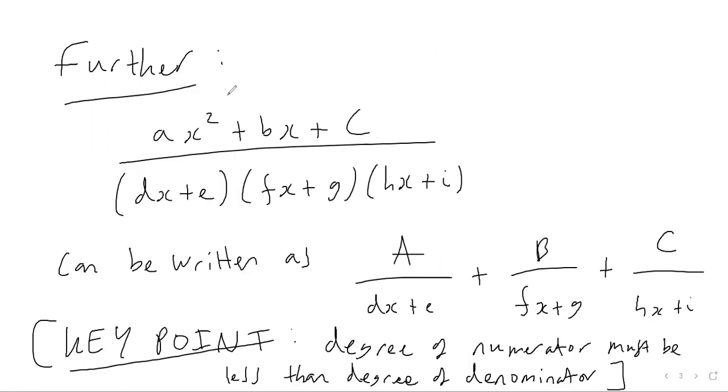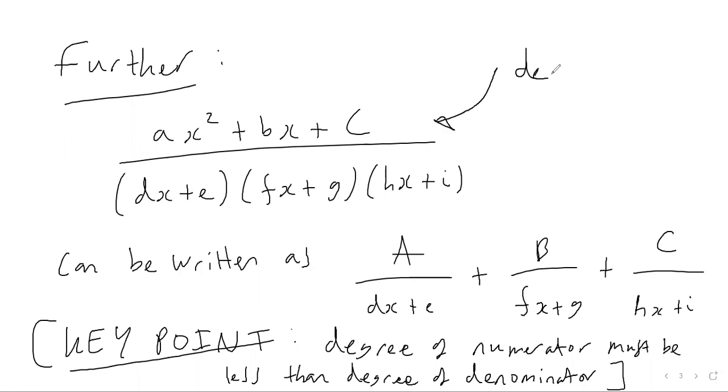So, a further example then. Let's say again you've got a fraction like this, ax squared plus bx plus c divided by three linear factors multiplied together on the bottom. This can be written like this. So again, you can split up this fraction into three different fractions. Again, the key point that we mentioned before: the degree of the numerator must be less than the degree of the denominator.